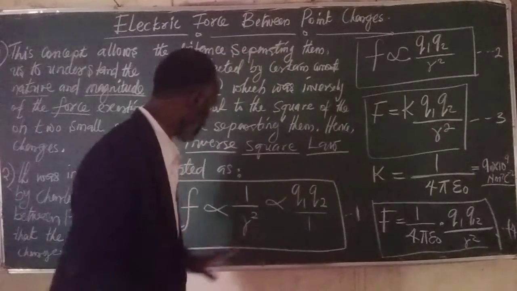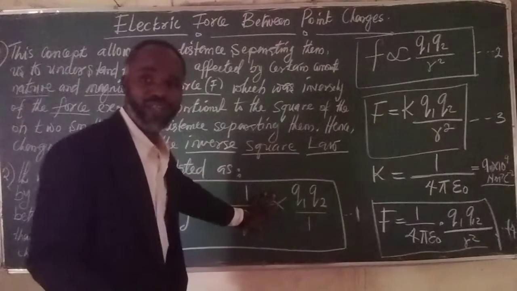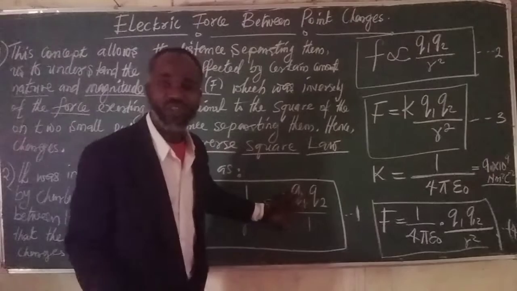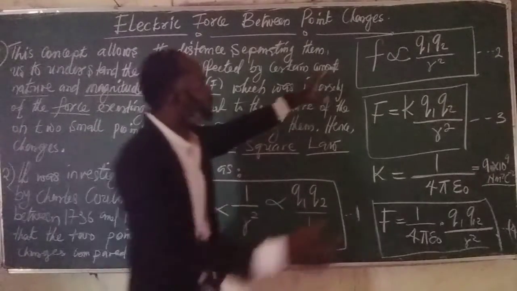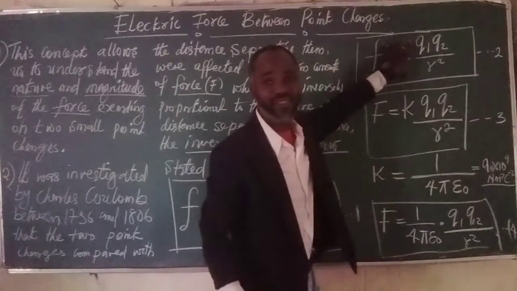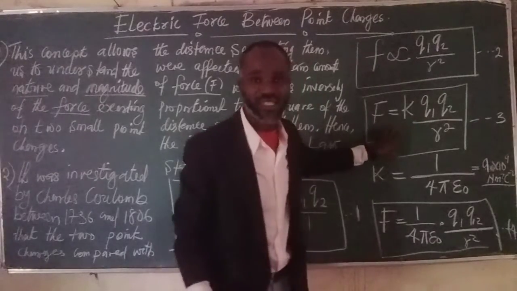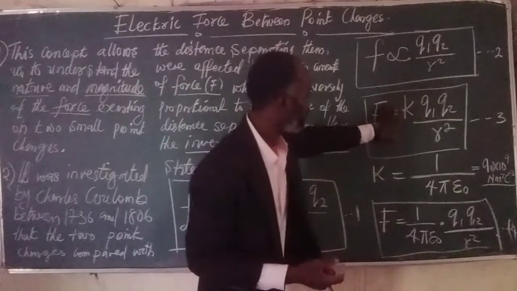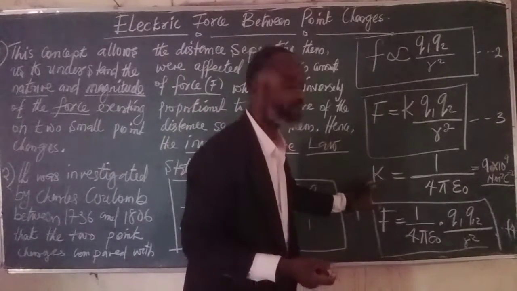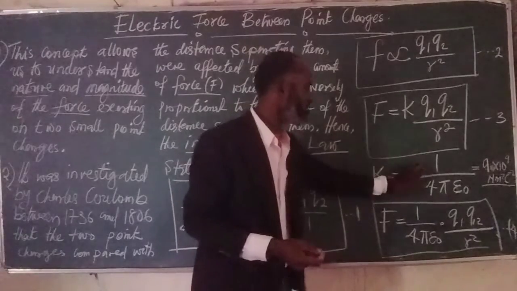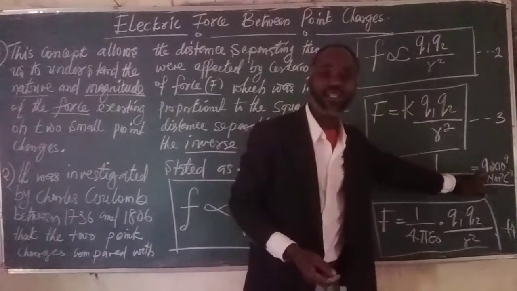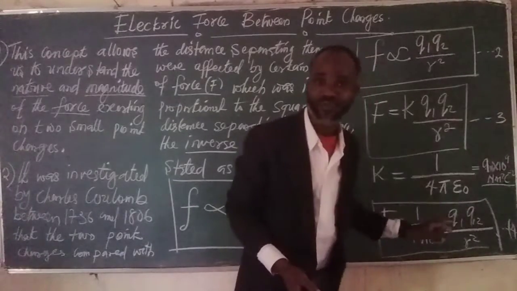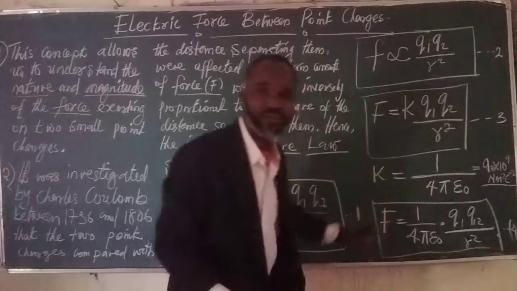So we have four relations. Relation 1, the inverse square law, that's the first one. Then the product of the two charges at this point combined to arrive at this, and we have a constant, a link connecting the two relations, and we have it at this point. We now estimate the value of k at this point and have it as 9 times 10 raised to the power 9 N m squared C to the power minus 2, and finally this.